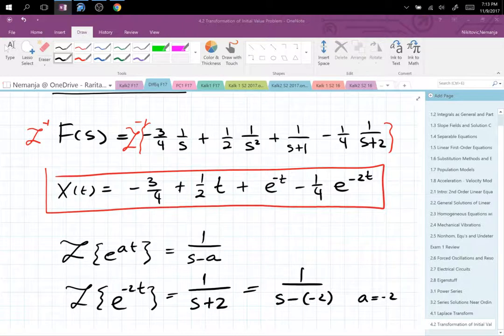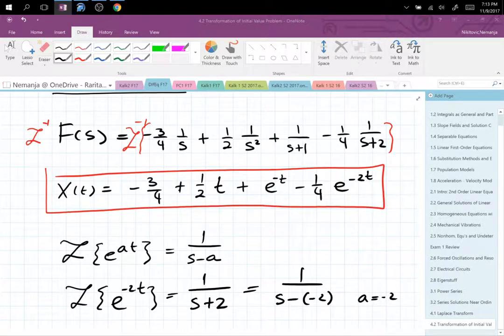So, remember your last exam, there was a question which gave you the mass and the spring constant and damping? That's this. This solves that problem.